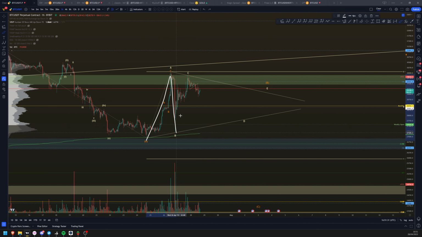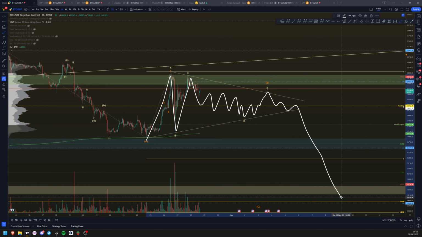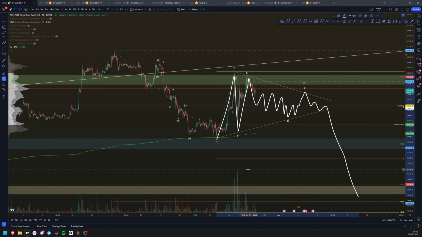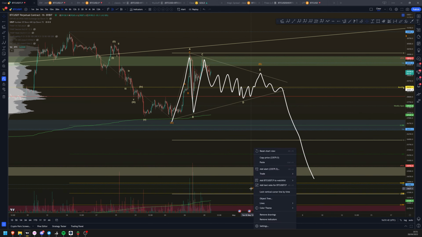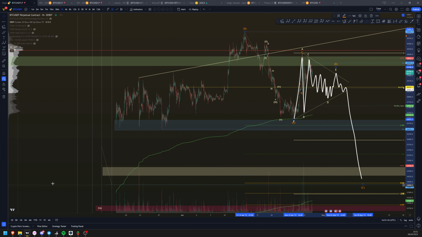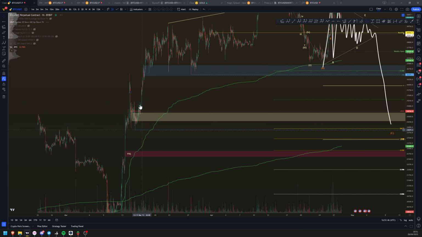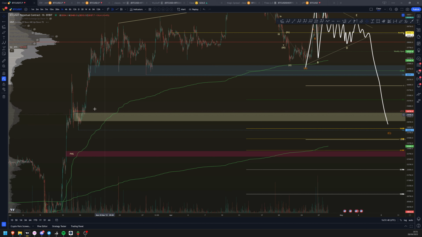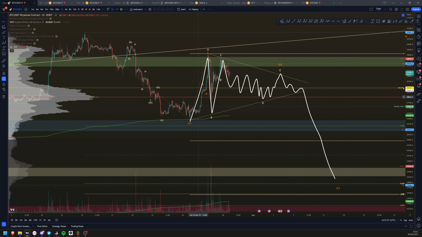But maybe we have a very quick ABC, and we'll have a very long wave D and wave E, and then we can go for the C here. That will be ideal, and come back to my preferred level to reload a bit more aggressively, which would be either 25k or lower, depending on what happens if we have the triangle.